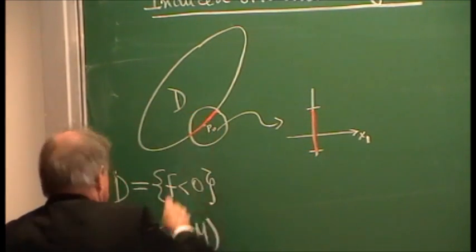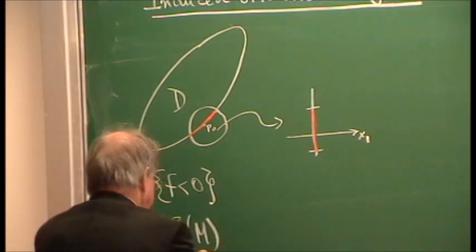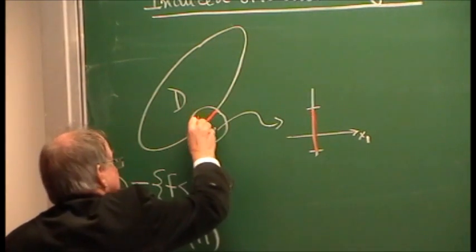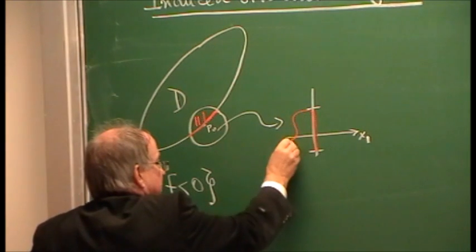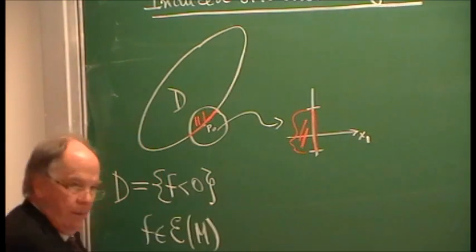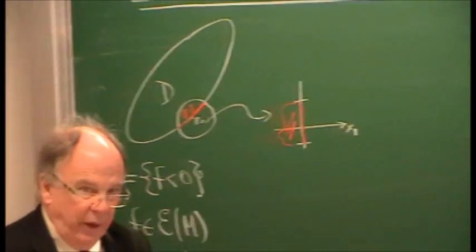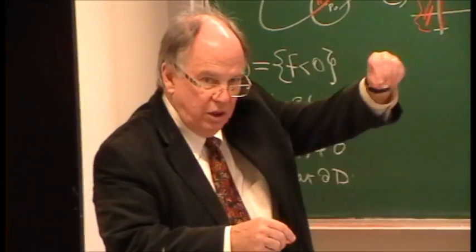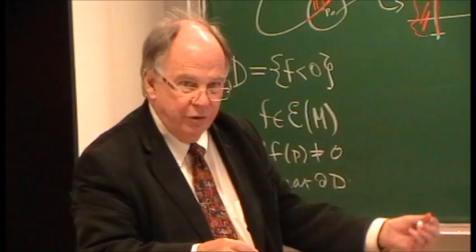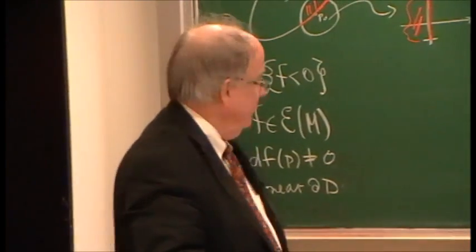So the function f is transported over to the first coordinate, and this thing gets mapped into here. That is the definition of a smooth boundary. Then you glue these smooth things together around the boundary and you get a global defining function.